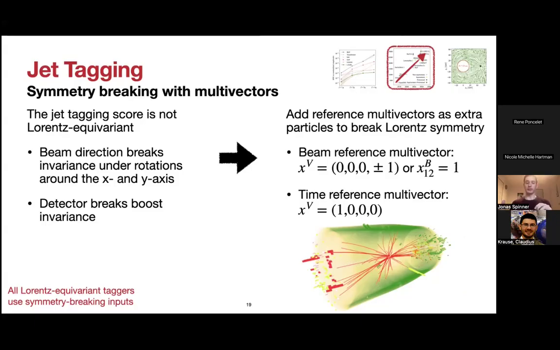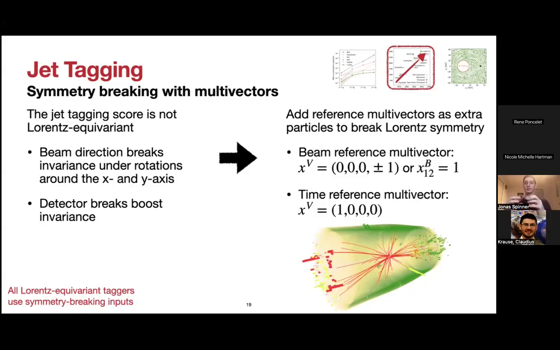For each kind of symmetry breaking, we have one reference multivector. For the beam, we have either a vector pointing in the beam direction and orthogonal to it, because there's a mirror symmetry, or we take a plane orthogonal to the beam. That's possible because these bivectors can be interpreted as planes. And for the boost invariance, we take a multivector pointing in the time direction.